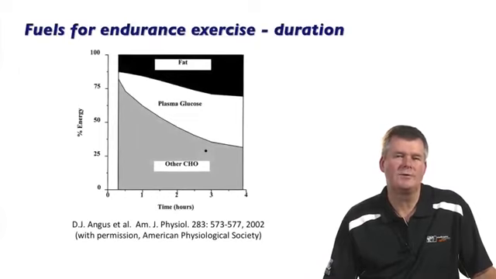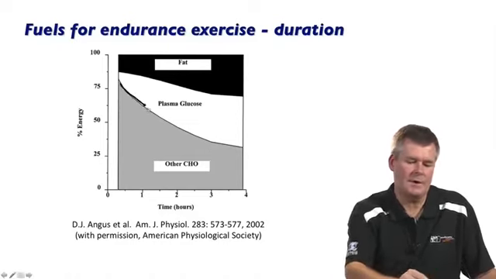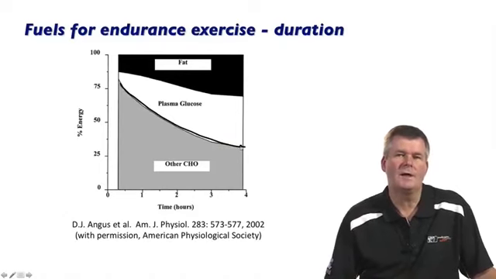If we look at exercise duration, and in this case, about 4 hours of exercise at about 70% of the maximal aerobic power in trained cyclists. And you can see at this intensity and at this duration, most of the energy is coming from carbohydrate. Over time, however, as the muscle glycogen levels go down, the reliance on the muscle carbohydrate, muscle glycogen stores decreases.